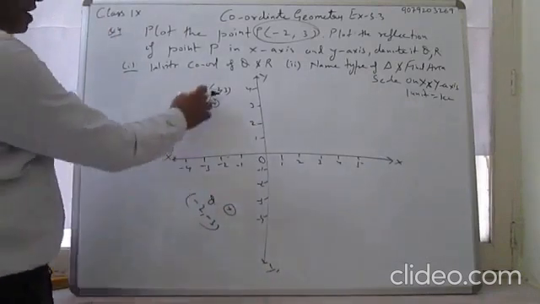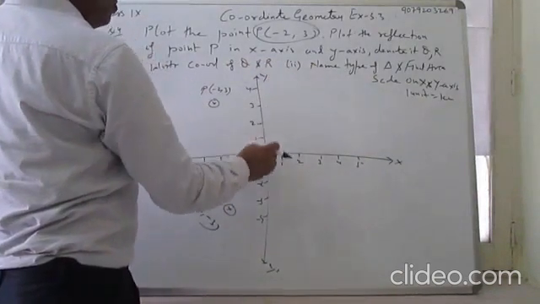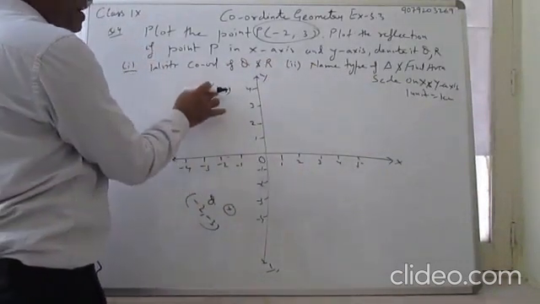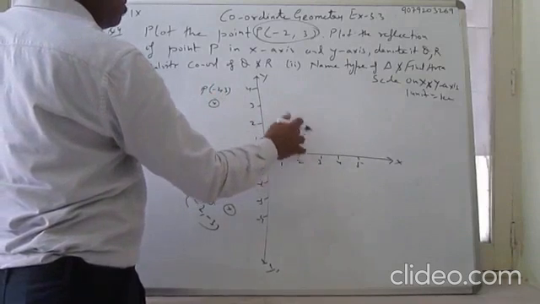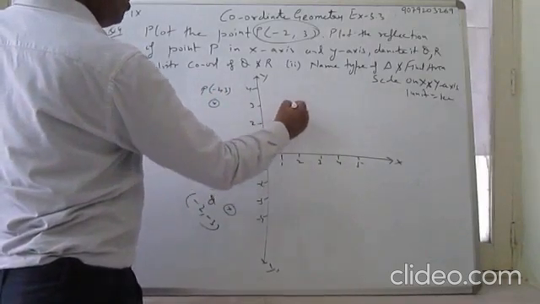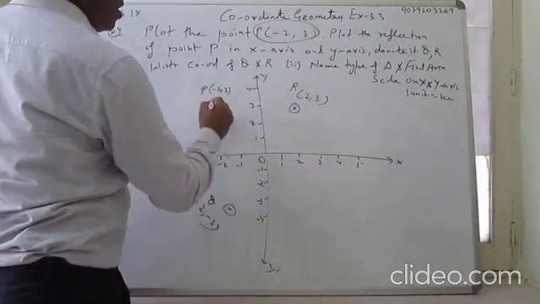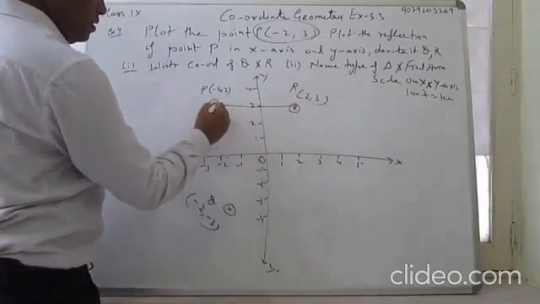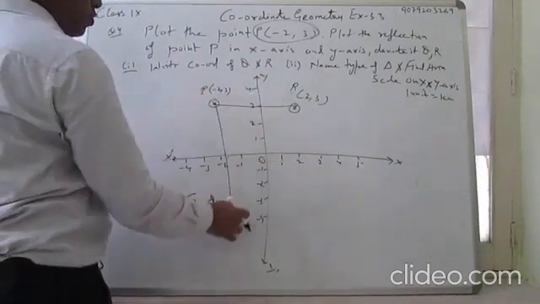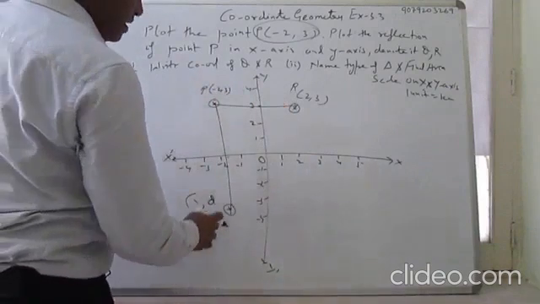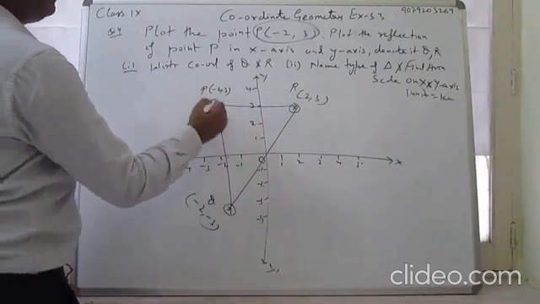This is the reflection of P on the x-axis, and the reflection of P on the y-axis is 2, 3. Which coordinate is changed? Only the x coordinate is changed, that is 2, 3, and its name is R. Join P, Q and R. Now we complete the triangle by joining Q and R. We see that it is a right triangle.